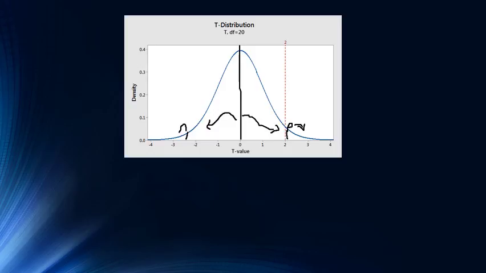So the t-values are 0, 1, 2, minus 1, minus 2. When the t-value is greater than 2 or less than negative 2, we say that we reject the null hypothesis.